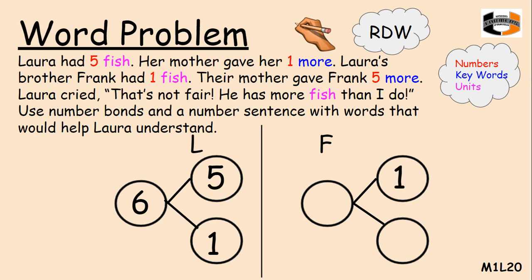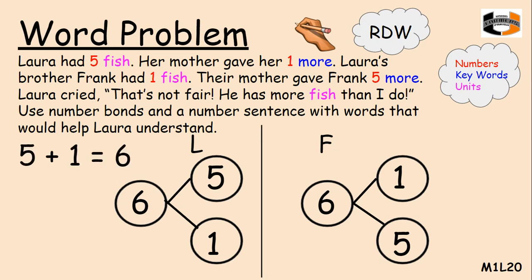Frank had 1 fish. That's one part. Then their mother gave Frank 5 more, and that's his other part. So what is Frank's total? His total is 6. So now we can look and compare how many fish each child has.